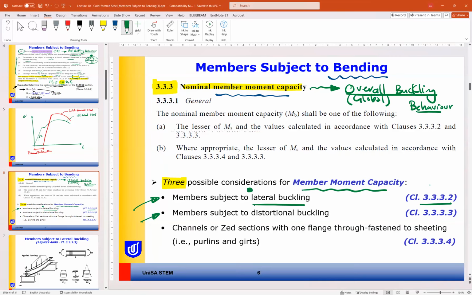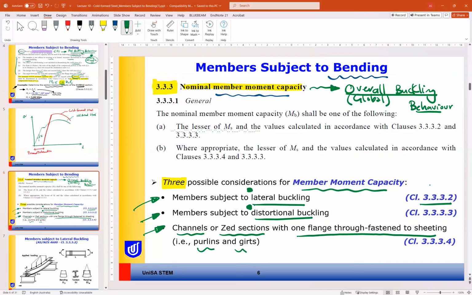The second case is a member subjected to distortional buckling. We can have lateral buckling or distortional buckling, and we will see the difference between both. The third case is for channels or Z sections with one flange fastened to sheeting. This case is for purlins and girts.